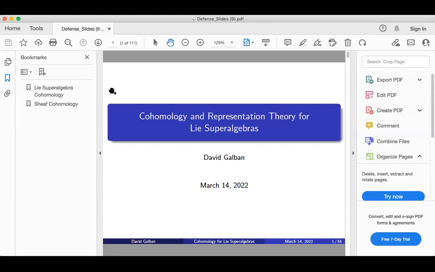I'm going to start by describing my motivation and going over what Kostant's theorem states for the ordinary Lie algebra case. Then I'm going to show how we can calculate similar cohomology groups for small degrees, first using a Hochschild-Serre type spectral sequence for each of the families of the Lie superalgebras, and then doing some sample cohomology calculations in the first and second degrees.